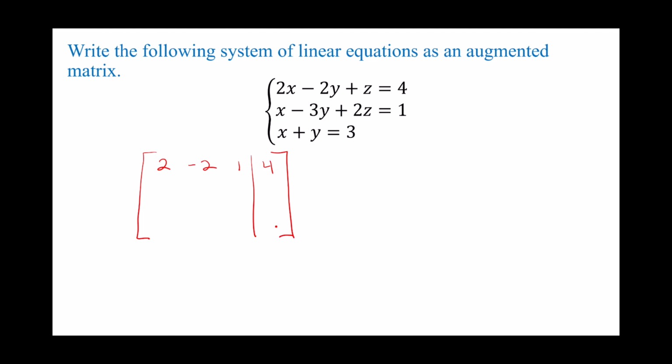So the left side are the coefficients, the right side are the constants that are on the other side of the equal sign. So the middle row now will be 1, -3, 2, 1, and that comes from this equation right here. And then the last row, we have 1x, 1y, 0z equals 3. So I've written this system of equations as an augmented matrix.